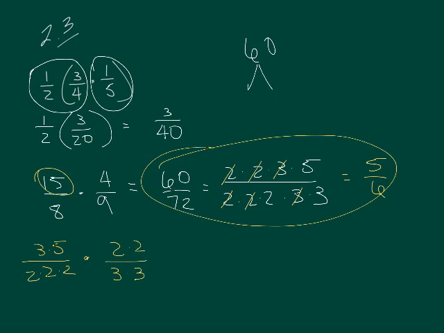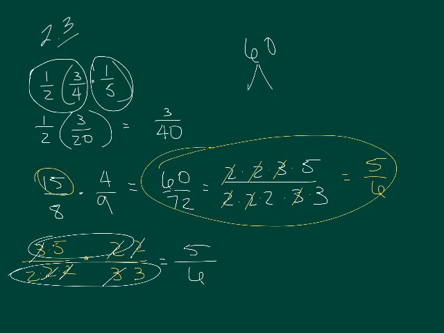Once you do that, you can cross this 3 with this 3, this 2 with this 2, this 2 with this 2, and what do we have left up here? A 5. What do we have left down here? We have 2 times 3 is 6.